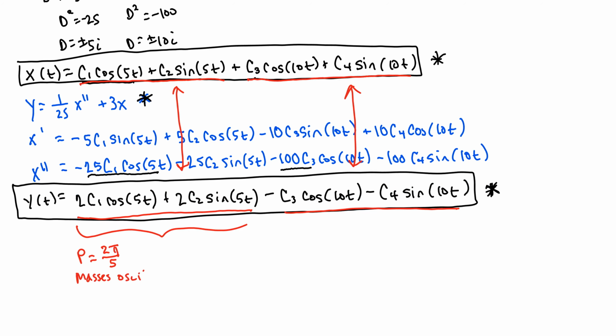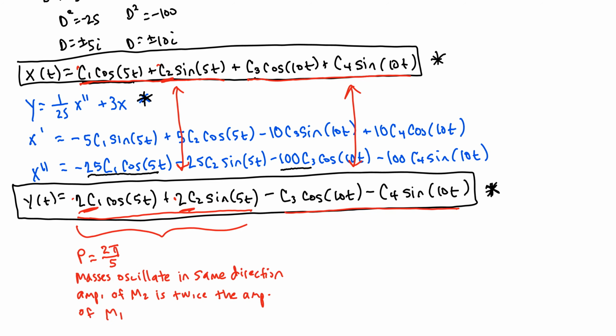Masses oscillate in the same direction, and I can tell that because the coefficients all have the same sign. However, the coefficients of sine and cosine in the function x are not as big as the amplitudes here. So the amplitude of mass 2 is twice the amplitude of mass 1.